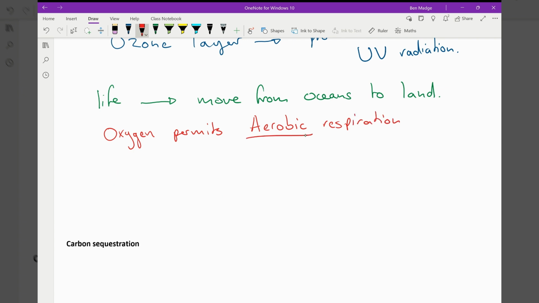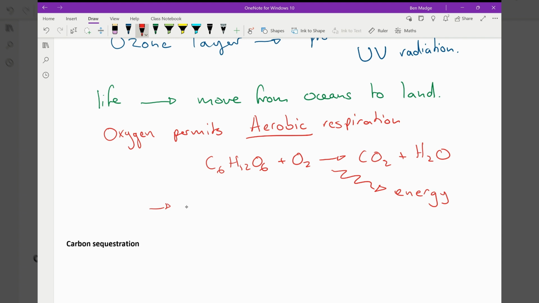And this aerobic respiration uses oxygen, so we have something like glucose plus oxygen, and that gives us CO2 and water, and it gives us loads of more energy per unit of glucose than anaerobic respiration, and this allows for complex, large life to develop, and it allows it to develop much quicker.